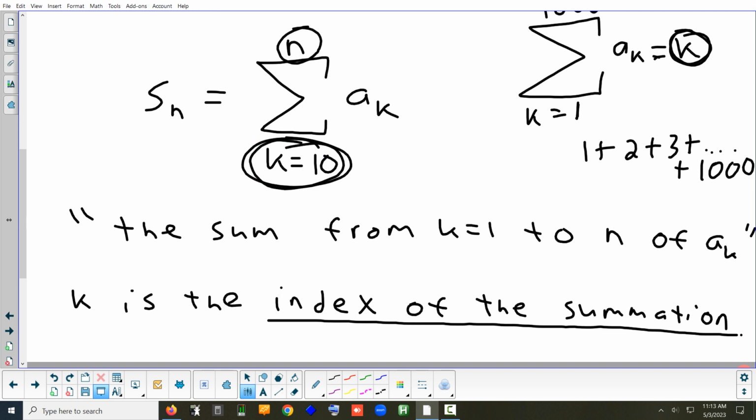Yeah, negative numbers also. You could start with a negative index, definitely. It doesn't mean that you're starting with the negative third term. It means negative 3 is the number that generates the first term. Negative 2 generates the next term. Negative 1, 0, and so on. But 1 and 0 are probably the most common numbers that you start with.